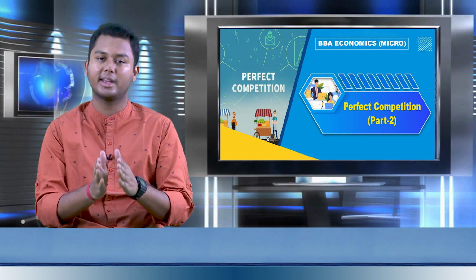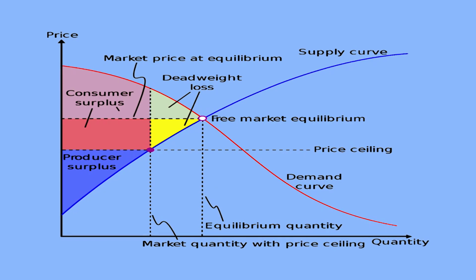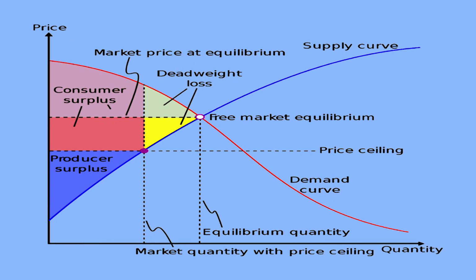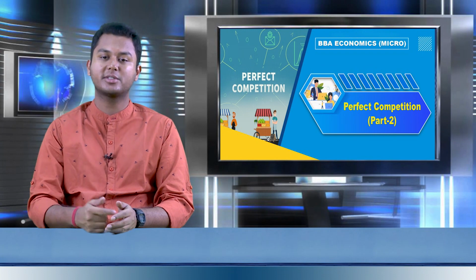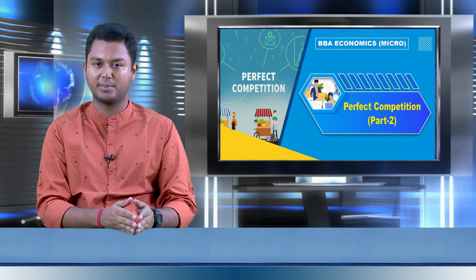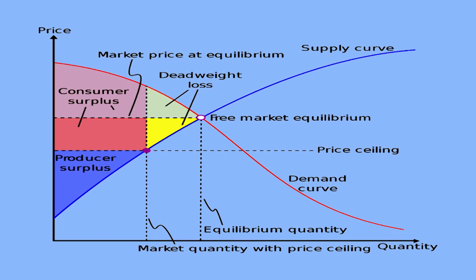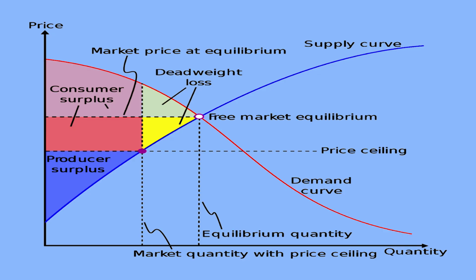This we have seen from part 1 where we learned the graphs. At this point, consumer surplus, that is the difference between what consumers are willing to pay and what they actually pay, and producer surplus, that is the difference between the price at which producers are willing to sell and the price they actually receive, are maximized.